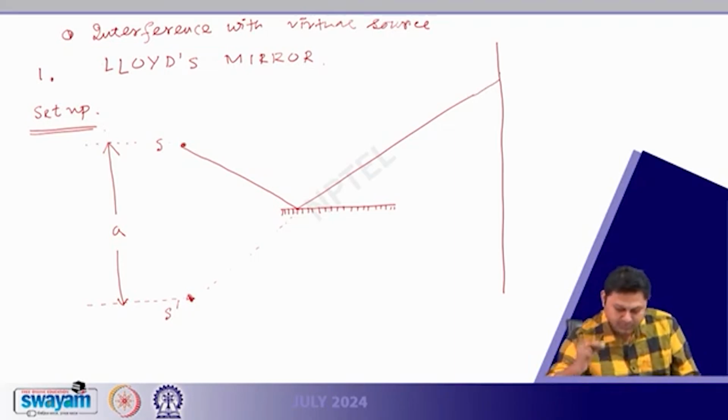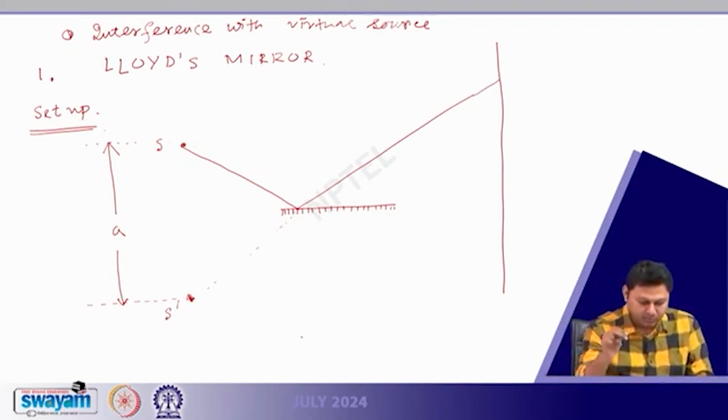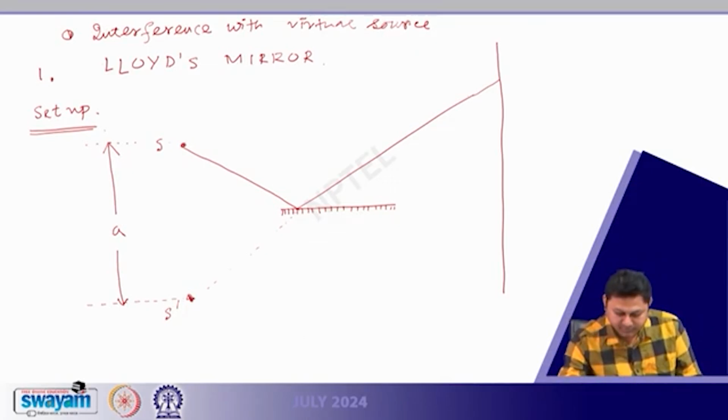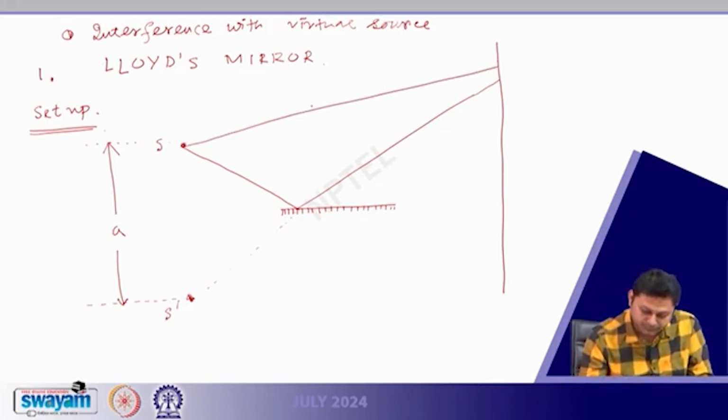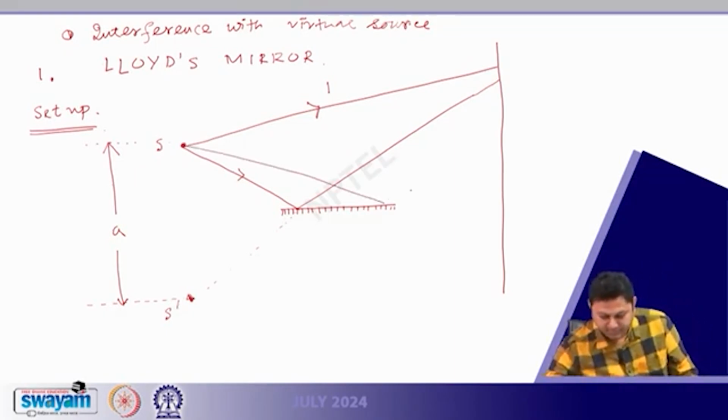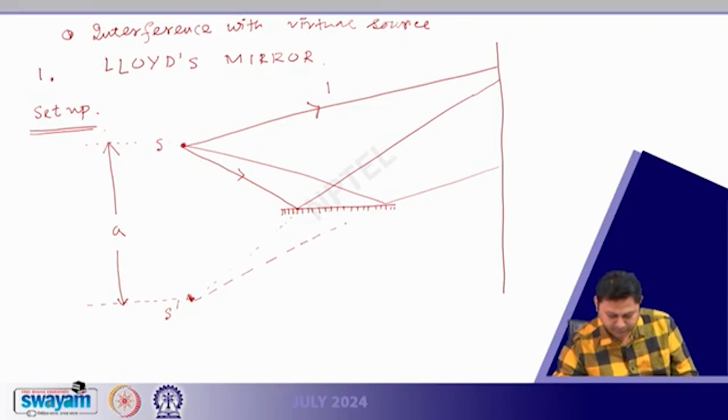So, it reaches here, and one ray is going directly here. So this is ray 1, and one ray is going from here and bounces back, and another ray from this side is also going to here at this point, and it is also coming out from this virtual point.